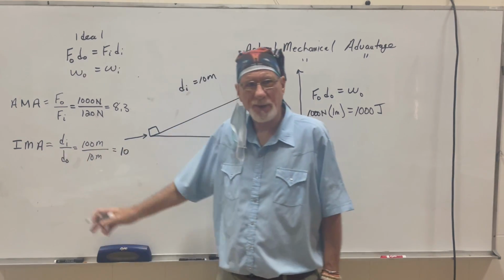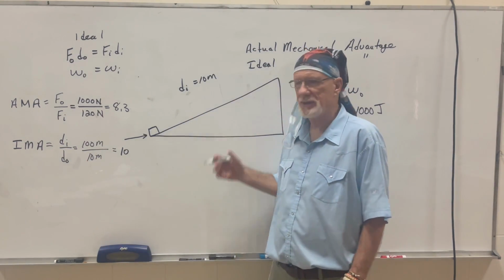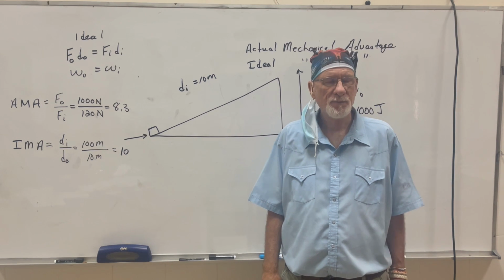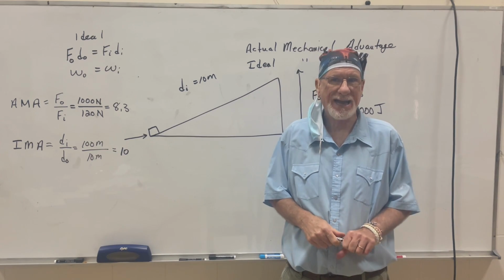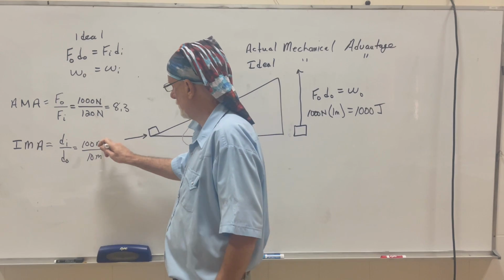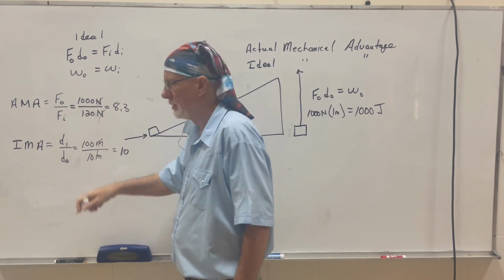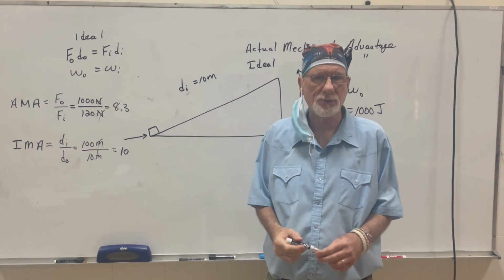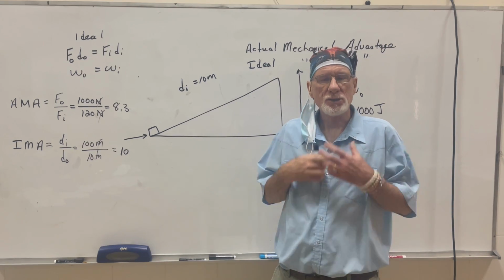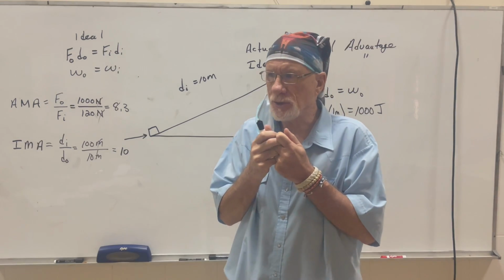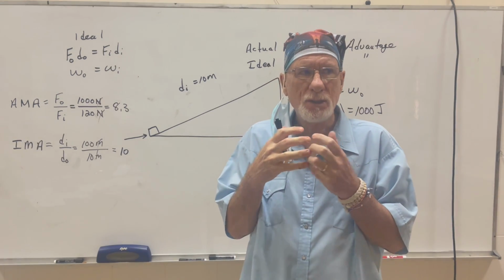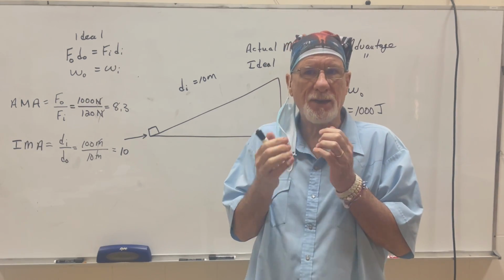So the ideal mechanical advantage will work with distances. Notice something. There are no unit labels for mechanical advantage. They cancel.